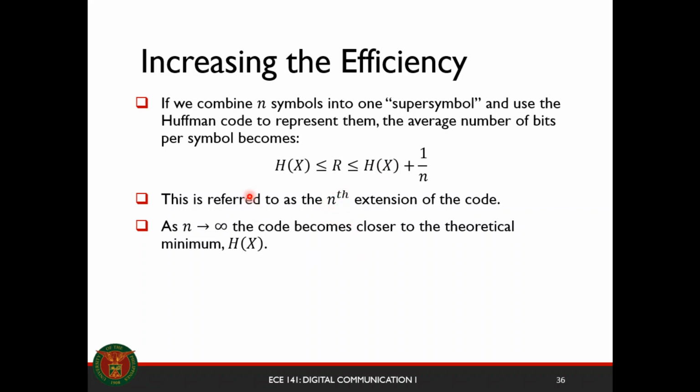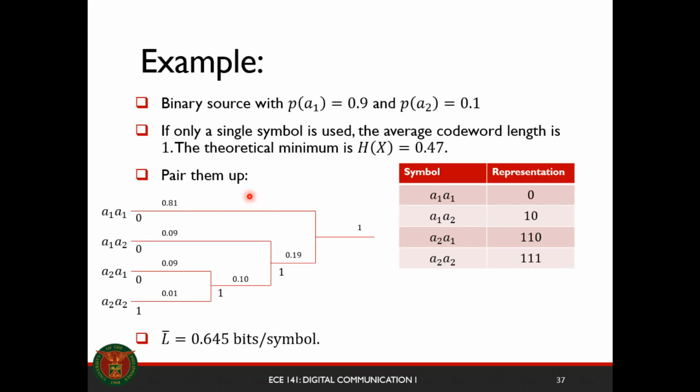For example, let's say we have a binary source for simplicity. It's a very biased source with A1 occurring 9 out of 10 times and A2 occurring 1 out of 10 times. The theoretical minimum is the entropy of the source, which is around 0.47.